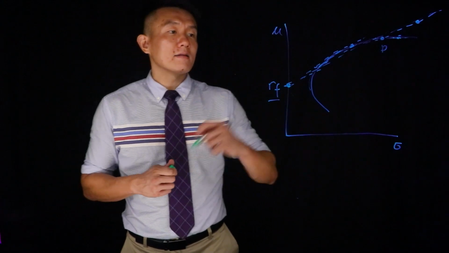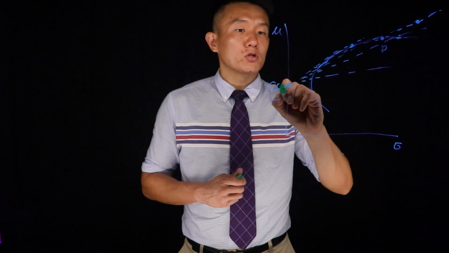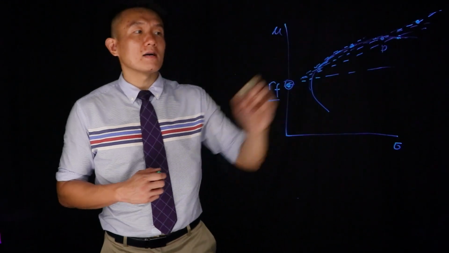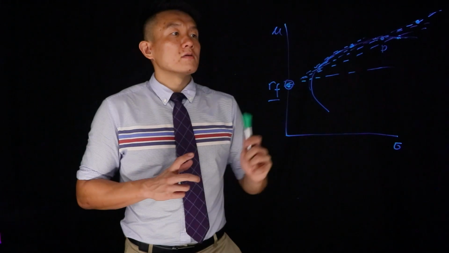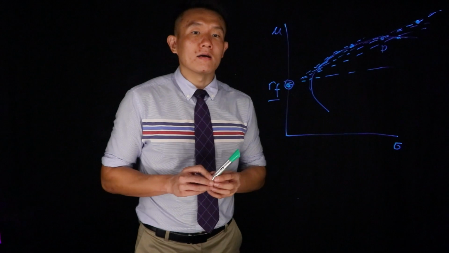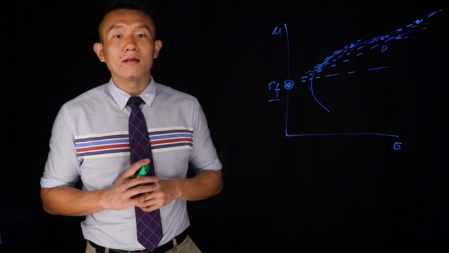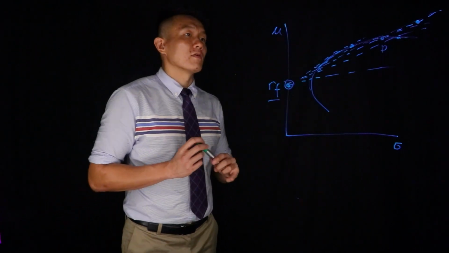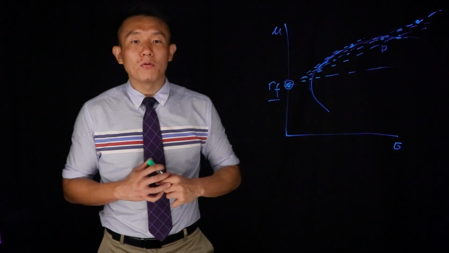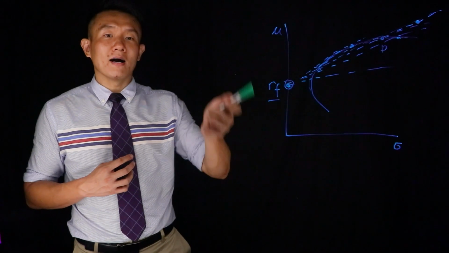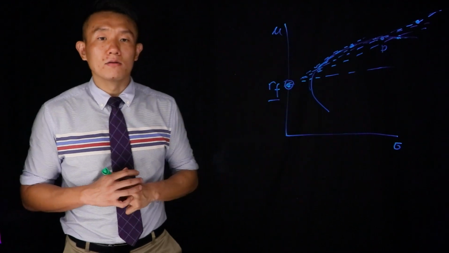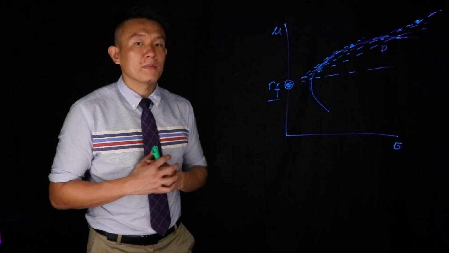So I can think about drawing similar lines between RF and any stock portfolio. What you can see here is that the steeper that line is, the more stock portfolios that it's going to dominate in the sense of having higher return and lower risk.